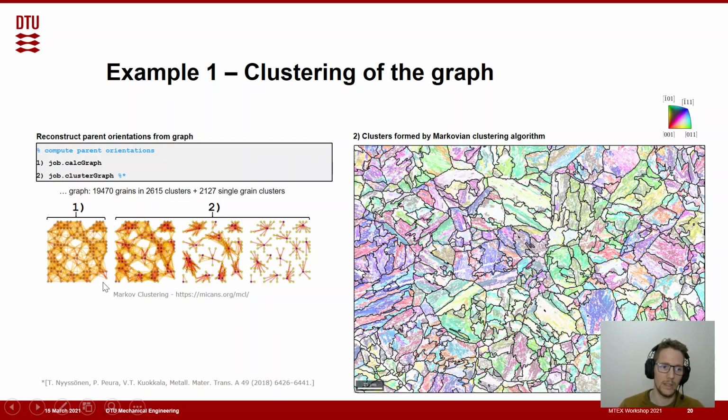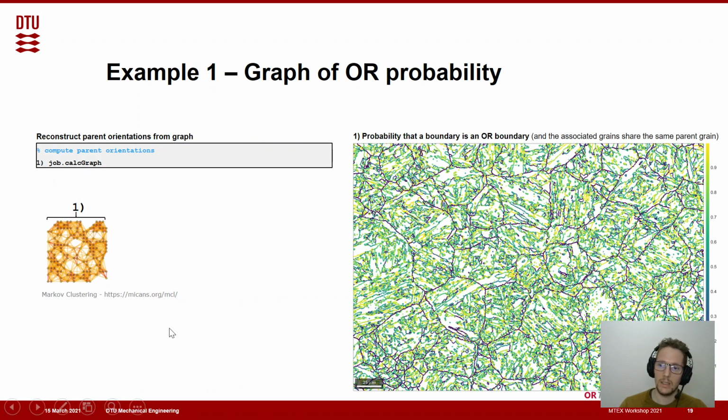And what this does is simulate a random walk. The idea is that you're less likely to walk from one grain to another grain if the likelihood of these being part of an orientation relationship is low, and more likely to walk from one grain to another grain if the orientation relationship probability is high.